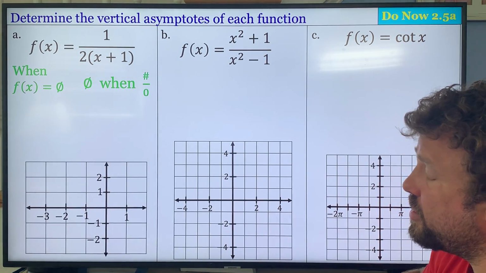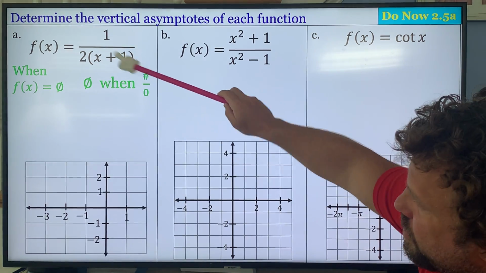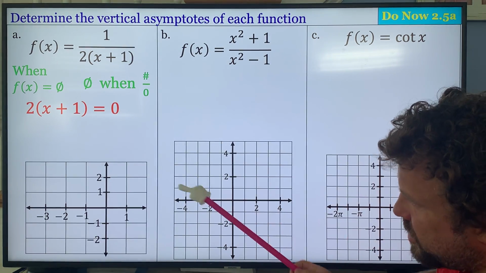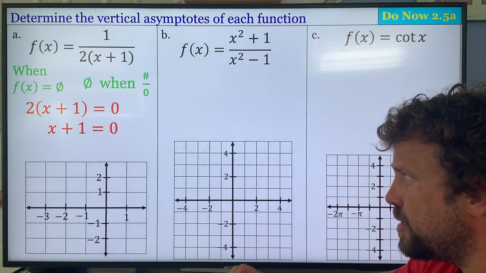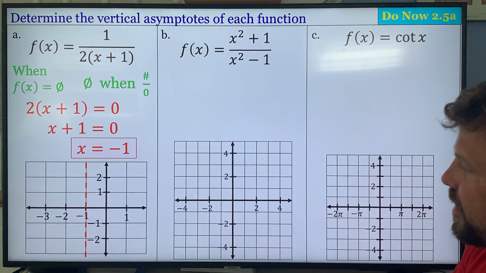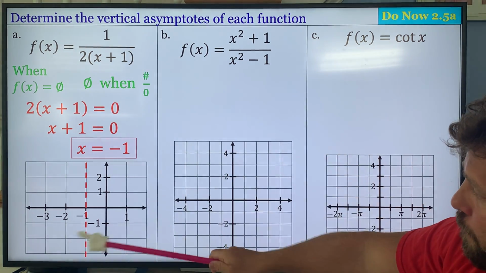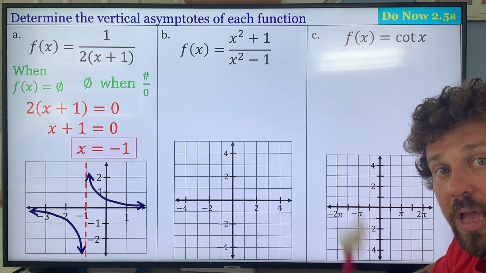So that's when the numerator equals whatever and the denominator equals 0. So when 2 times x plus 1 equals 0, divide both sides by 2. Subtract 1 from both sides. So when x is negative 1, that's where my vertical asymptote is. Guess what? Plug this in Desmos, check your answer. Boom! That's what the graph actually looks like. I was right.